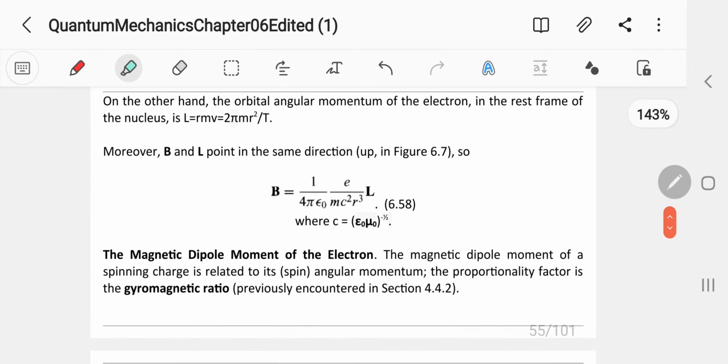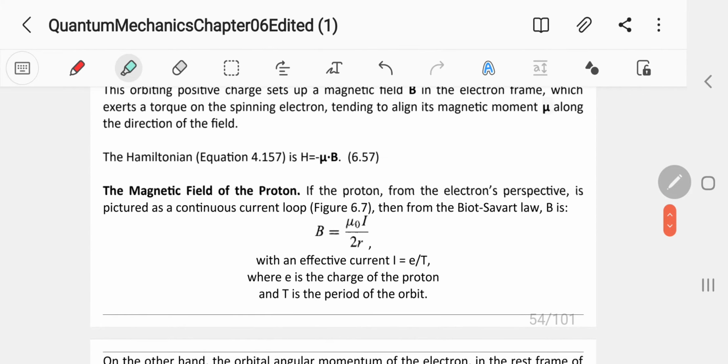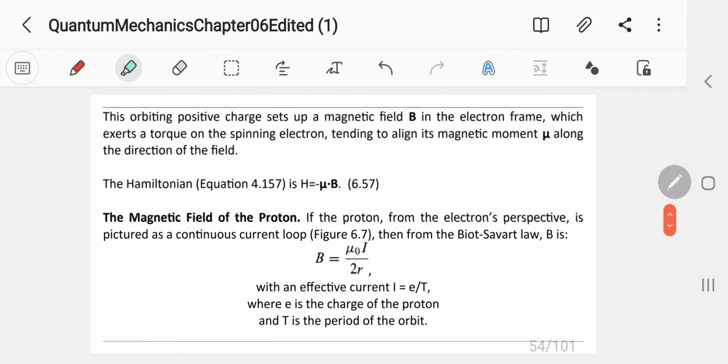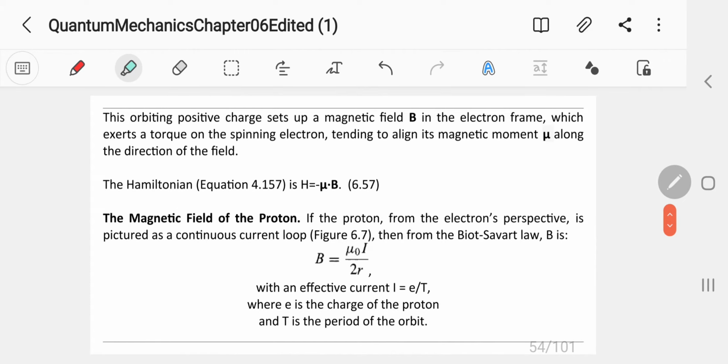So going back, the magnetic field of the proton is given by this, by the Biot-Savart law. Here the I is just equal to the electronic charge divided by the period in which the charge revolves around the ring.